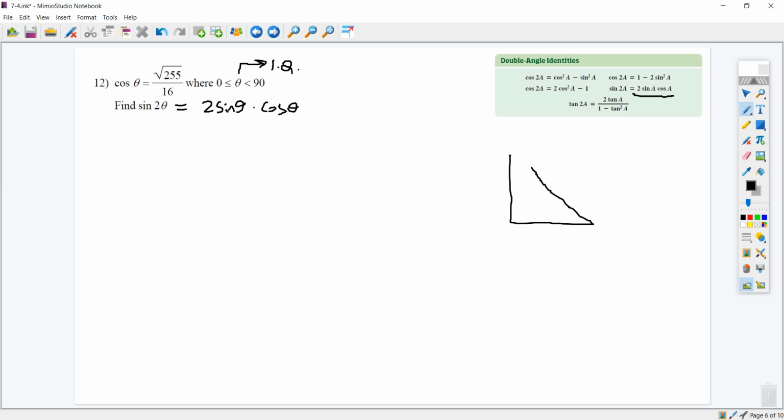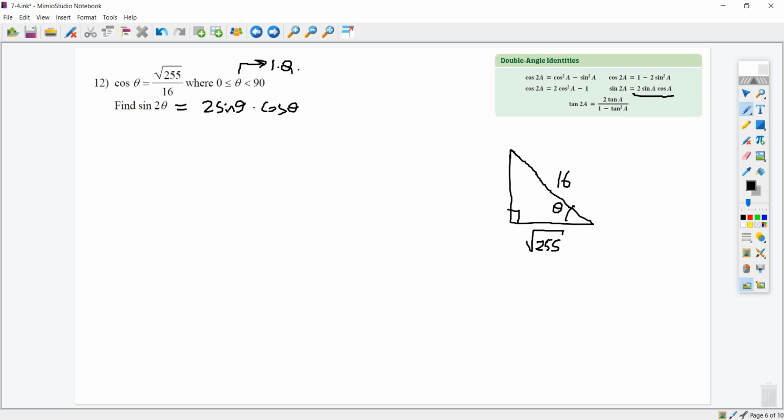So the triangle is what we will do again. At theta right here, cosine is adjacent over hypotenuse, so that makes it root 255 over 16. 16 is going to be the hypotenuse right here. If you do the math with the Pythagorean theorem, what will be the missing side?